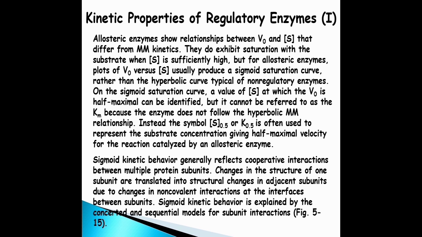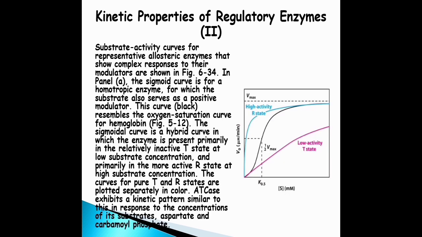Sigmoid kinetic behavior generally reflects cooperative interaction between multiple protein subunits. Changes in the structure of one subunit are translated into structural changes in adjacent subunits due to changes in non-covalent interactions at the interfaces between subunits. Sigmoid kinetic behavior is explained by the concerted and sequential models for subunit interactions.